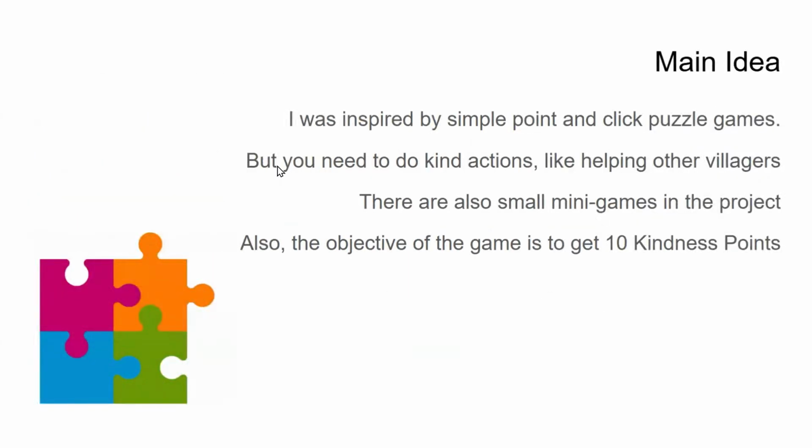My main idea was that I was inspired by point and click adventure games, but instead of solving mysteries, you need to do kind actions to get other items and help more people. I also decided to add mini games into my project for a little more diversity.